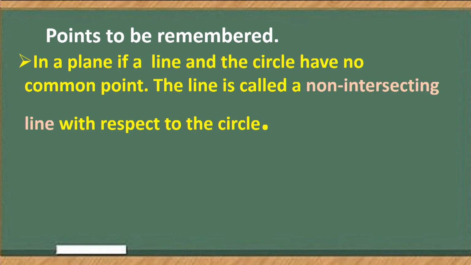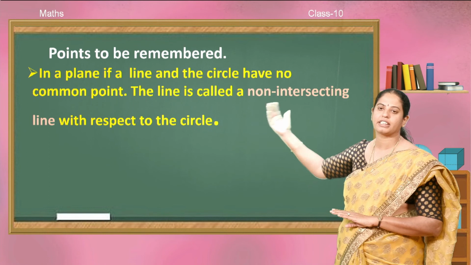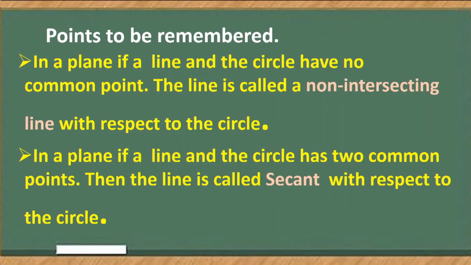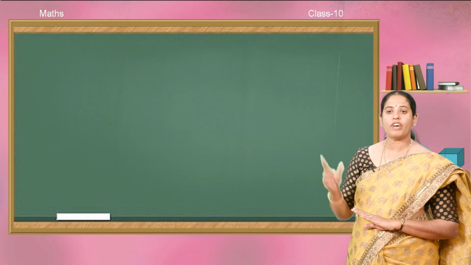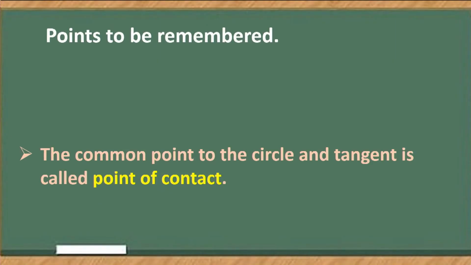If there is a relation, there exist two types of relation: in a plane, if a line and the circle have two common points, then the line is called a secant with respect to the circle. If it has only one common point, then it is called a tangent to the circle.